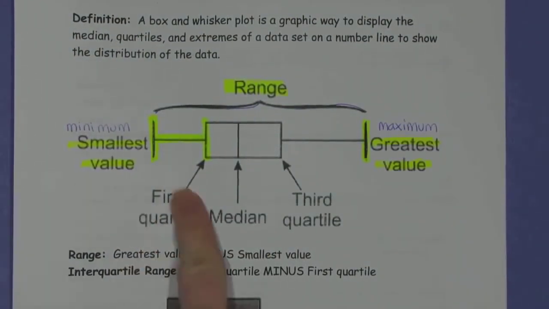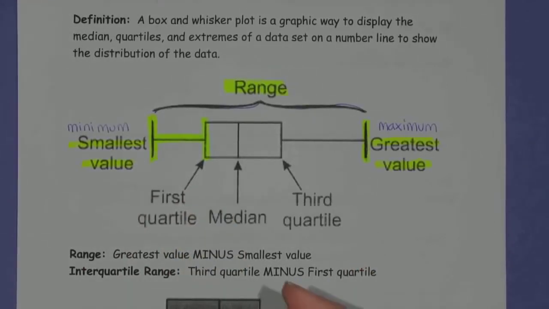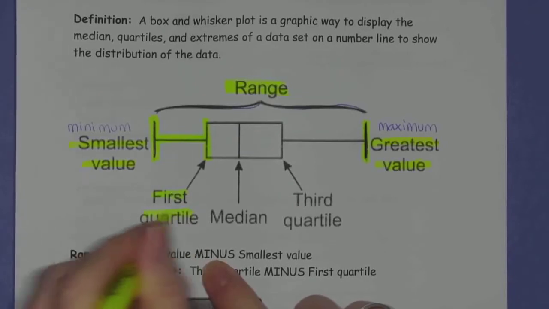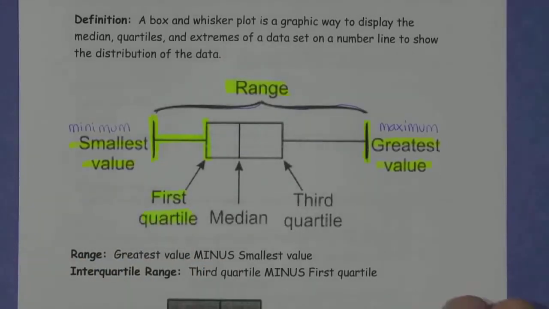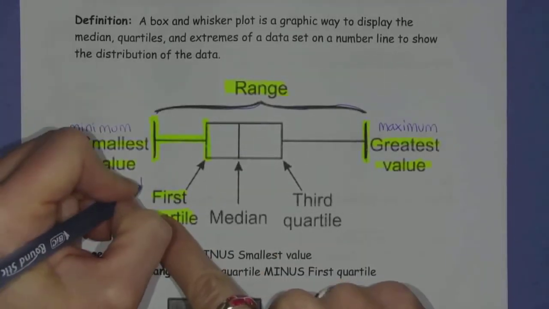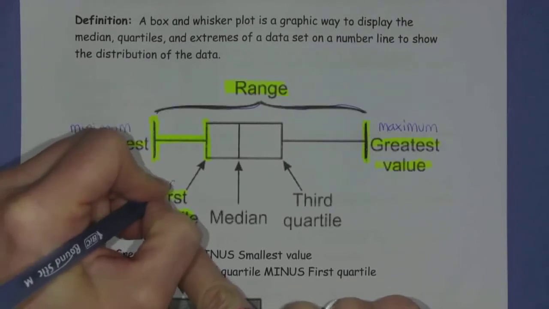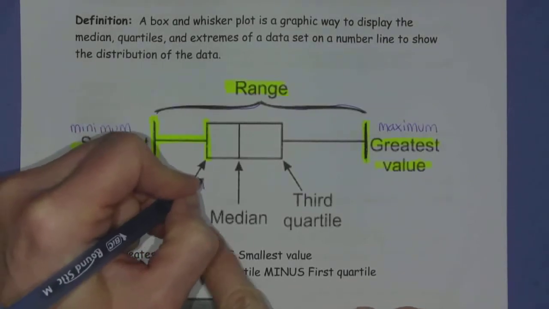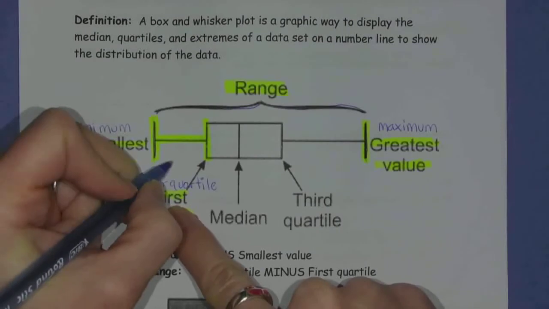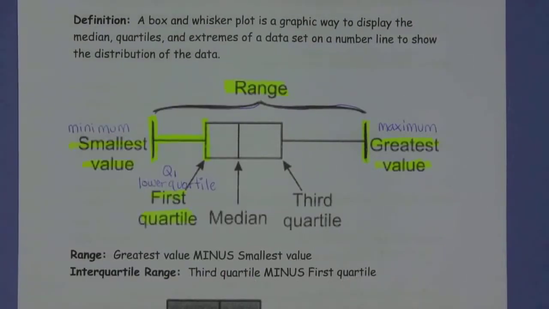And we'll talk about how you find the first quartile in just a minute. But I just want you to know that the first quartile is sometimes also referred to as the lower quartile, or sometimes you'll see it referred to as Q1, the first quartile.